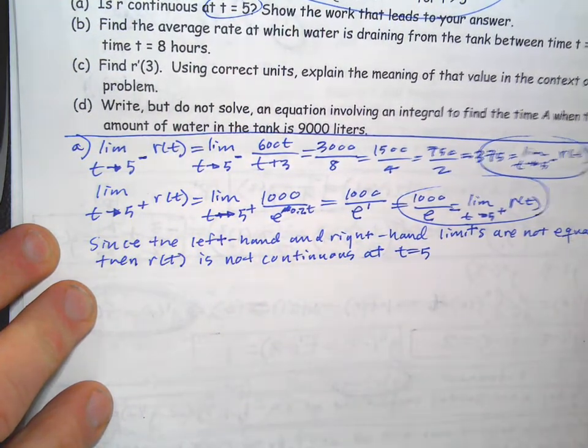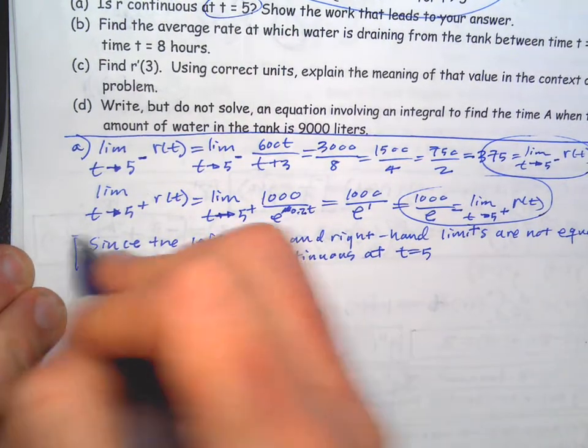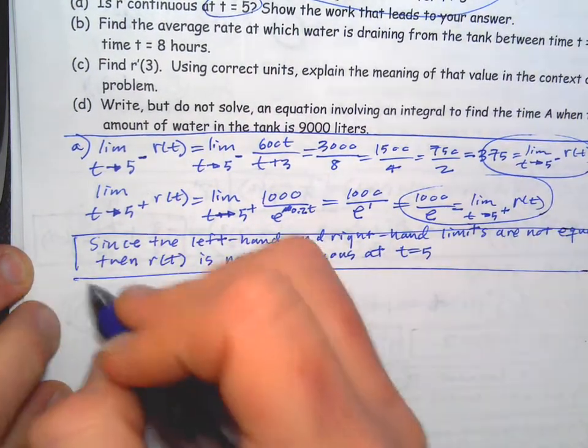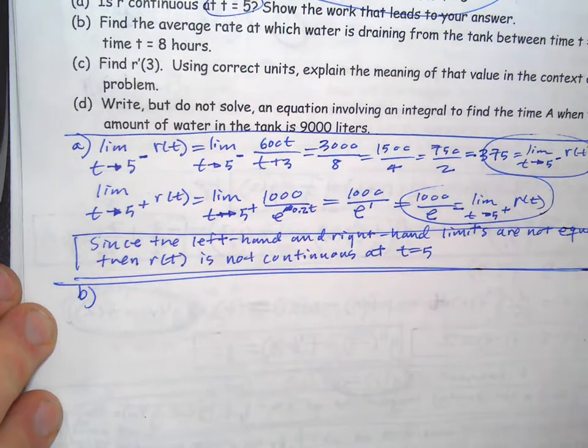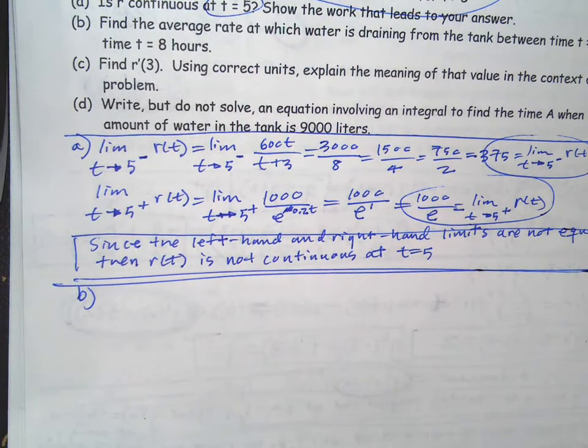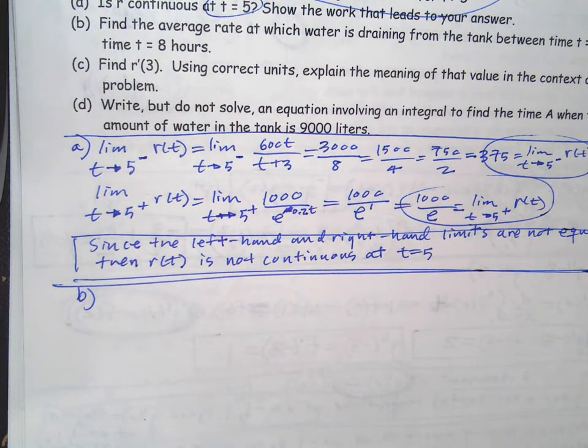So it's continuous other places, but at t equals 5, it's not. And that's the definition of continuity. Okay, B says find the average rate at which the water is draining from the tank between t equals 0 and t equals 8. Average rate sounds like average derivative, right?